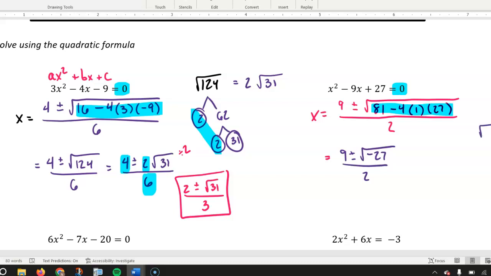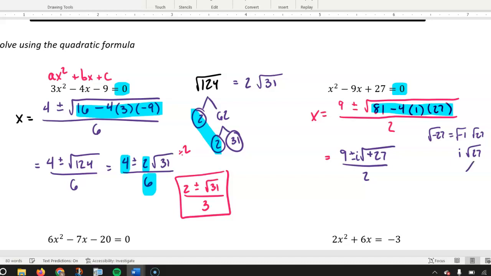Remember, the square root of negative 27, let me write that over here so you can see it, is the same as the square root of negative 1 times the square root of 27, which means the square root of negative 1, remember, is i, and then we have the square root of 27, which we'll simplify in just a second. Otherwise, a really easy way to simplify this is to put an i out in front and then make that positive. It's essentially what we're doing.